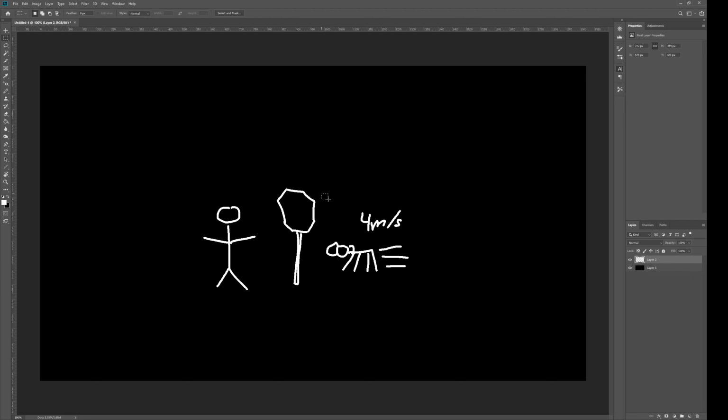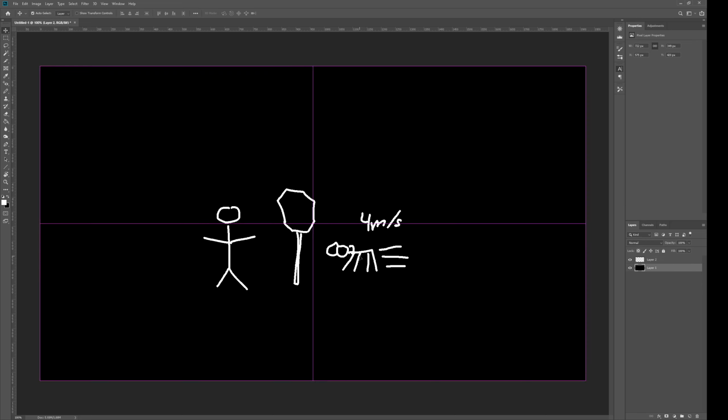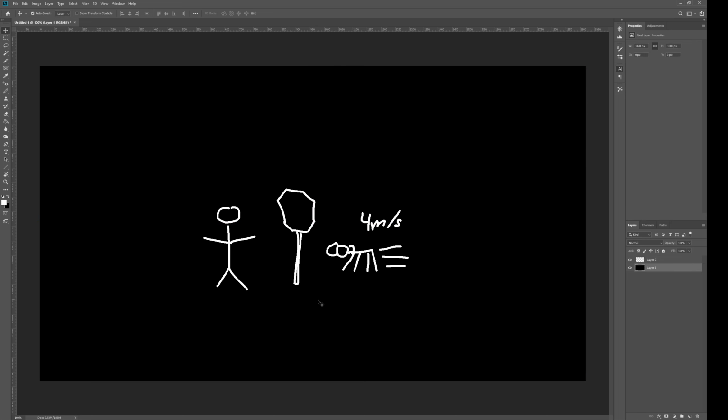The position of the dog is moving relative to the position of your stop sign. And that's what reference frames are all about.